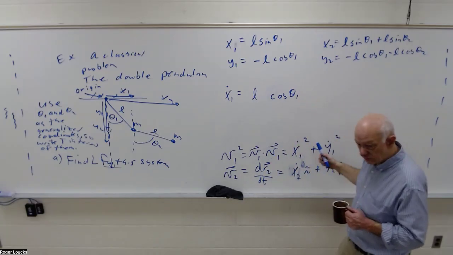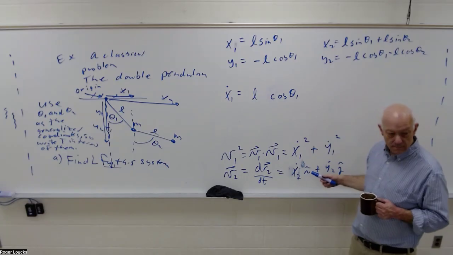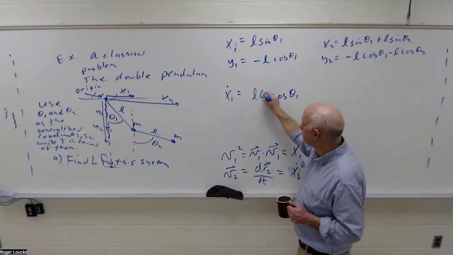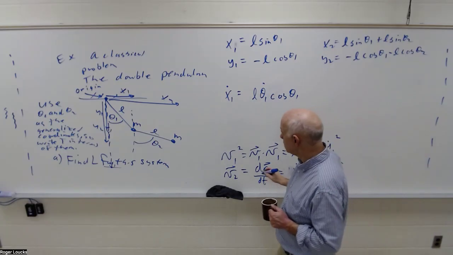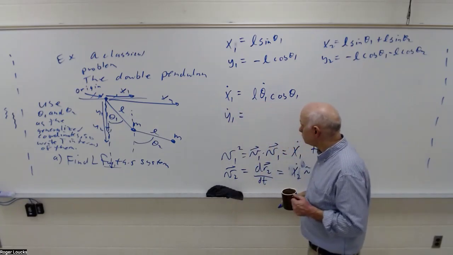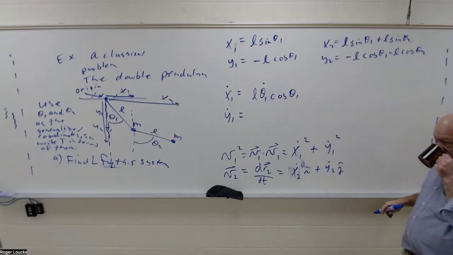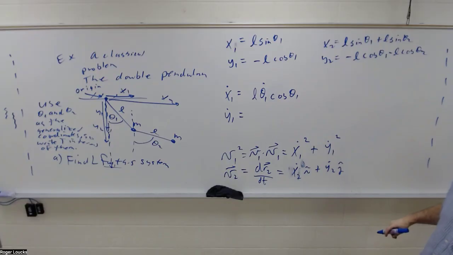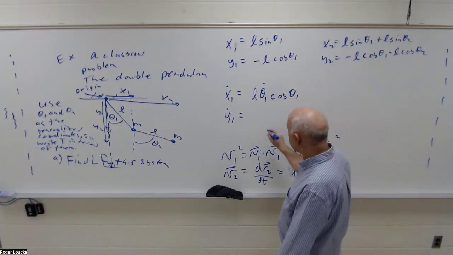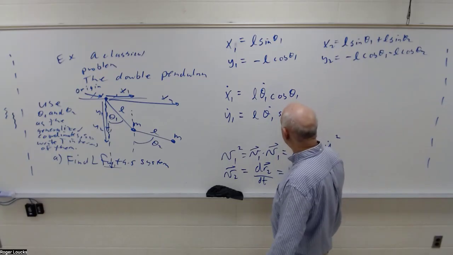Now what do you have to do? The derivative of the interior, giving theta 1 dot. And what is y1 dot? This is going to be L theta 1 dot sine theta 1.